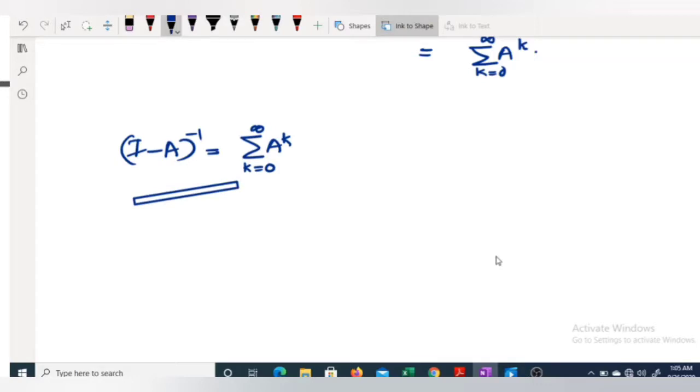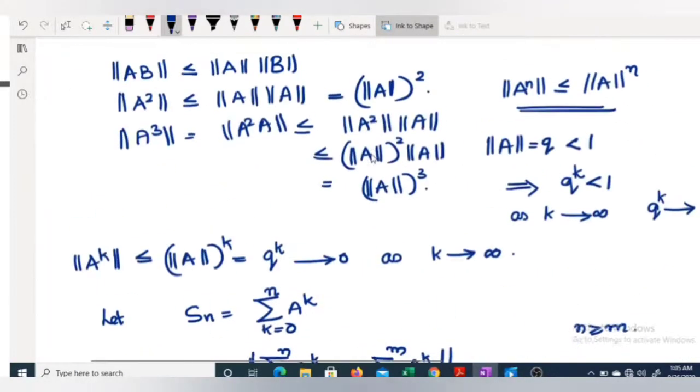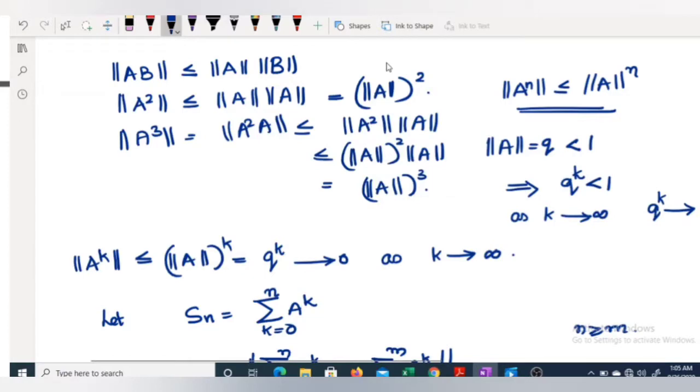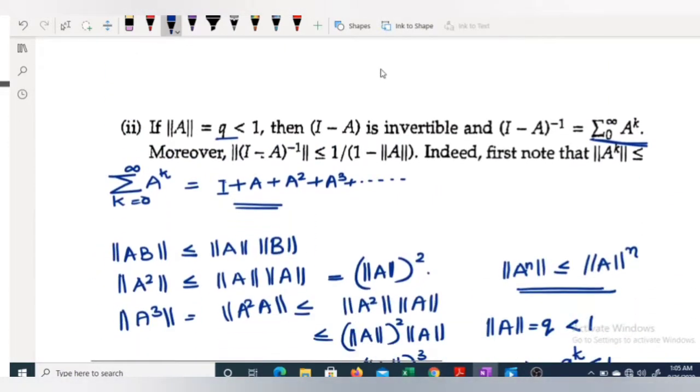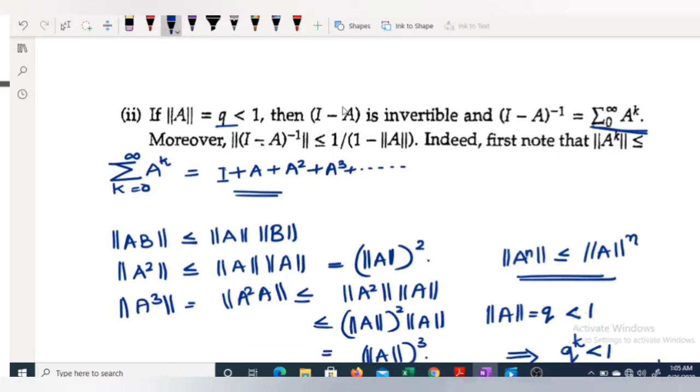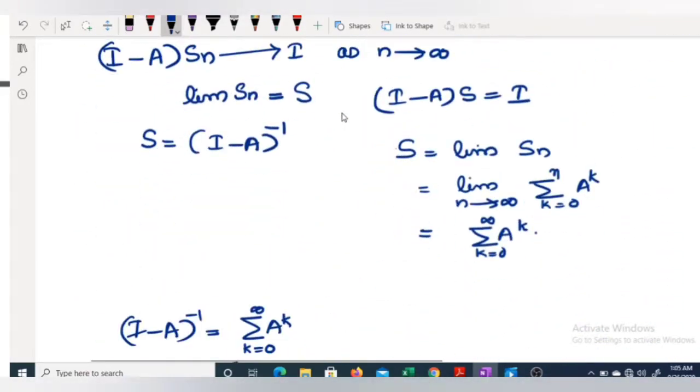That means I minus a is invertible. Now what we have to prove? Now we have to prove norm of I minus a whole inverse is less than or equal to 1 by 1 minus norm a.